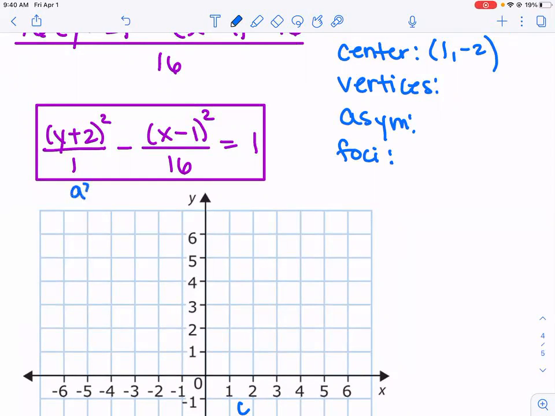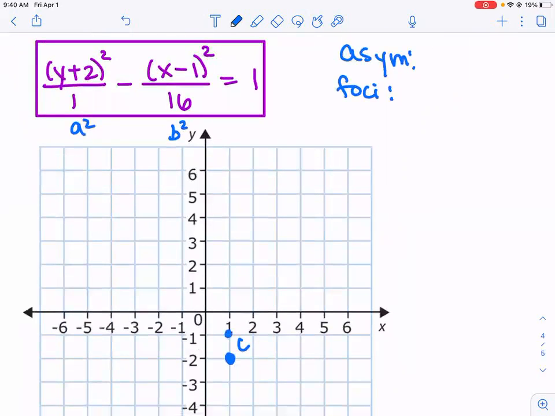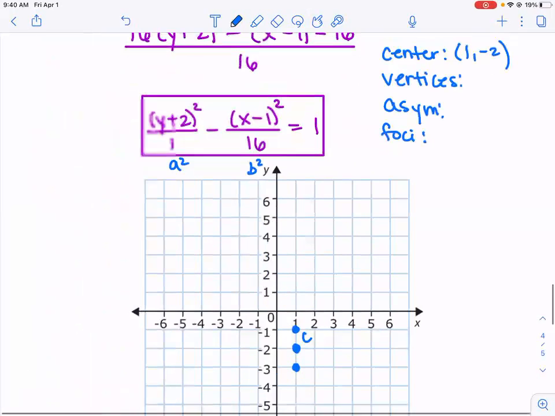So 1 is our a squared, 16 is our b squared. So our vertices are going to be vertically up one, down one. So our vertices are at (1, -1) and (1, -3).